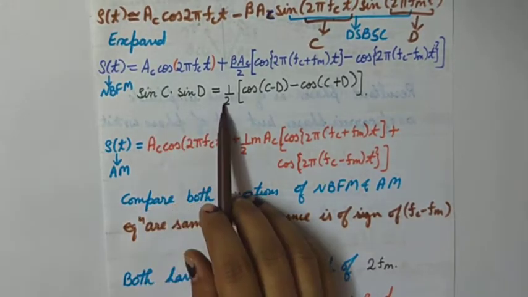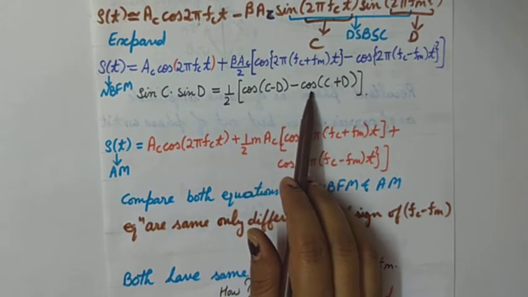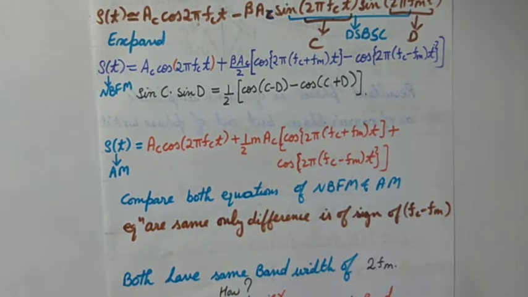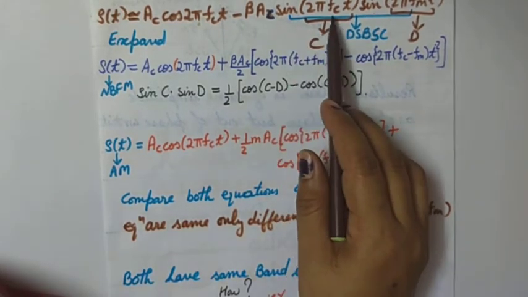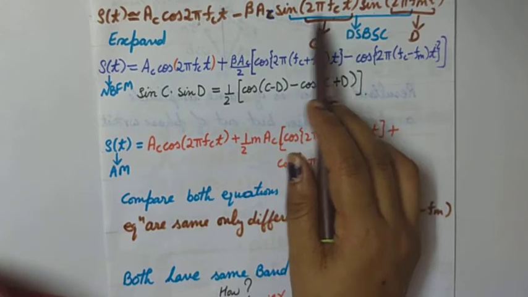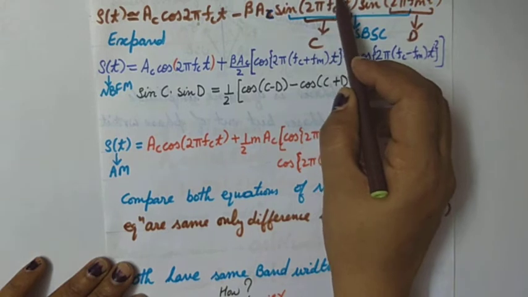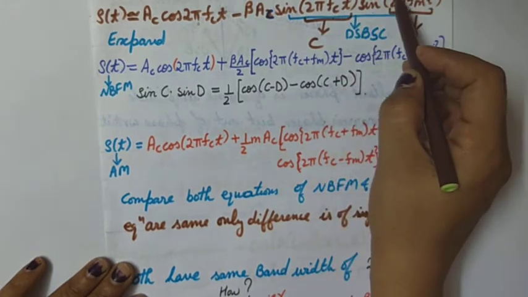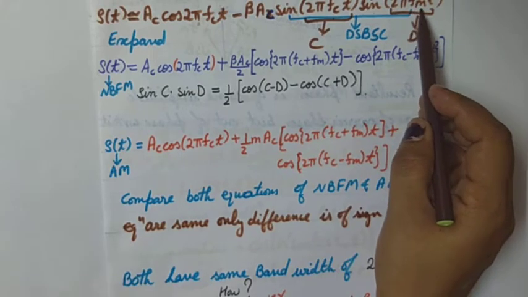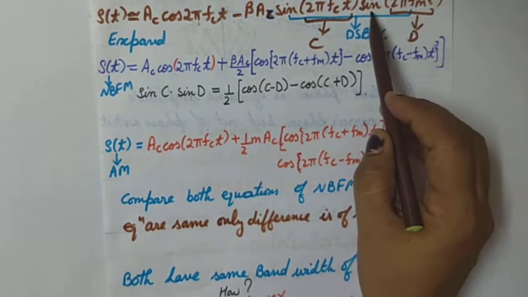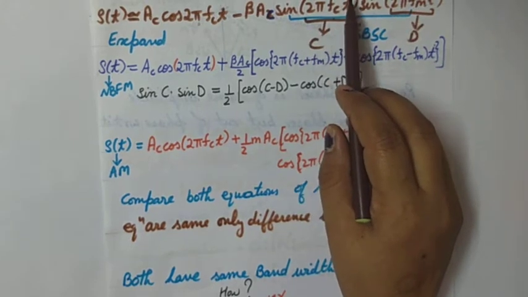Sin C into sin D is 1 by 2 cos C minus D minus cos C plus D. So here what I have done, I have taken C as the frequency FC term, since this is the carrier, and this is the modulating signal MT, suffix M shows modulating or the message signal. So sin 2 pi FMT is the message signal and sin 2 pi FCT is the carrier signal.